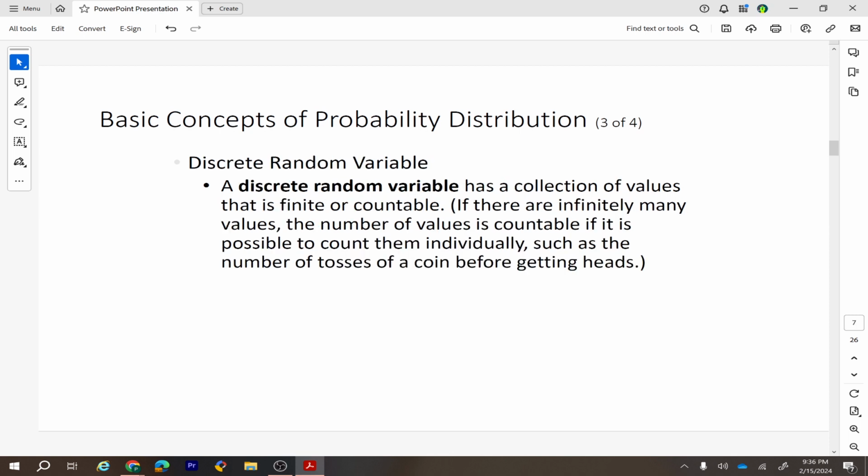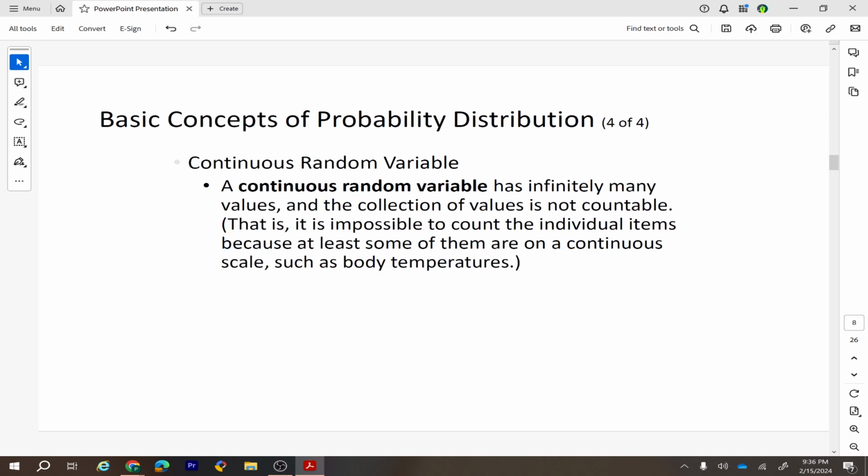A discrete random variable is where you have finite outcomes, and you can count your outcomes. For example, flipping a coin, you can count your outcomes, like how many heads, how many tails, and your outcome is countable, finite. A continuous random variable means, for example, let's say your variable represents body temperature.